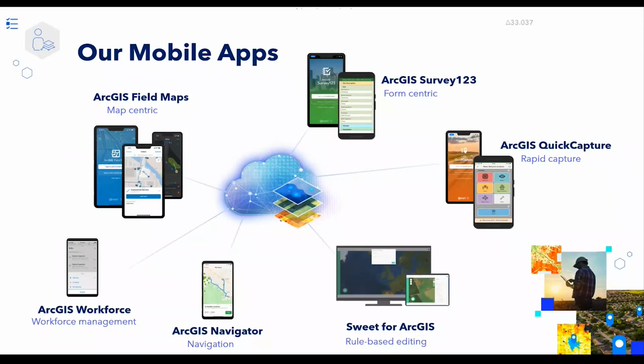It's already combined the capabilities of Collector, Explorer, and Tracker, and its integration of ArcGIS Workforce and Navigator is also in the roadmap for Field Maps. ArcGIS Survey123 is our mobile app that's focused on the form-centric collection method. And then ArcGIS QuickCapture is all about the kind of big button experience, so rapid data capture, so essentially what it says on the tin.